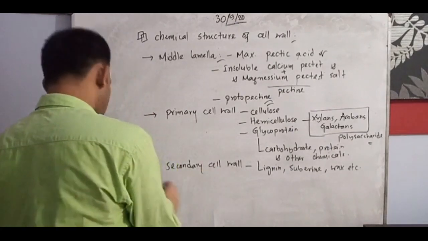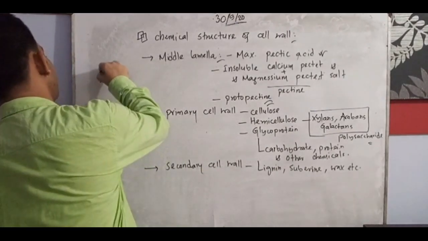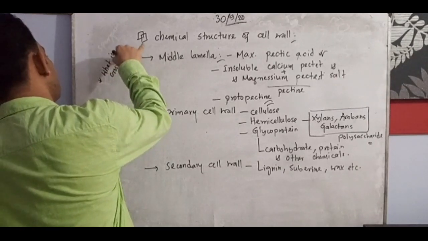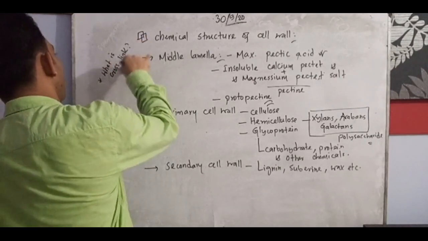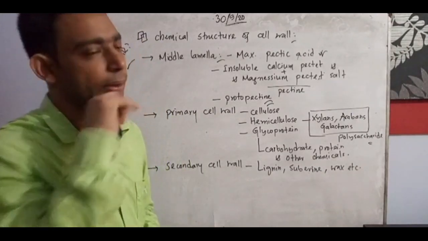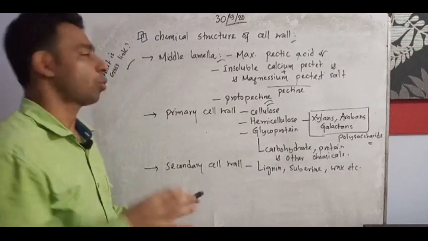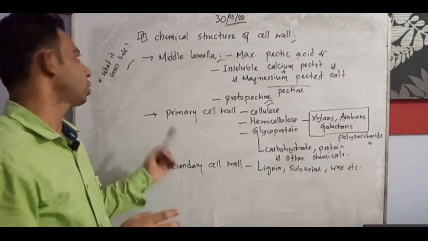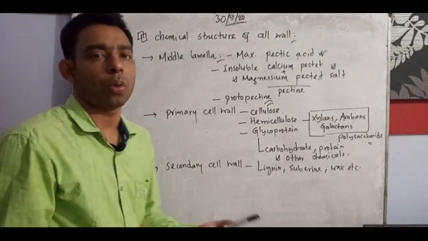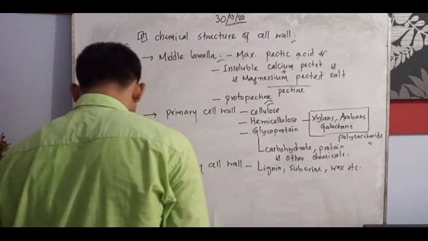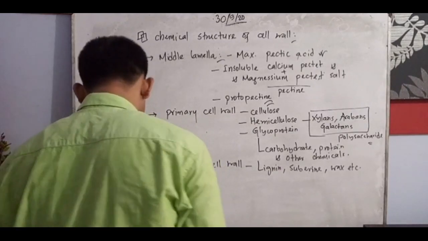What is cross link? You can write it here. It is a common question asked, but no one knows what a cross link is. Cross link is actually xyloglucan, a hemicellulose.